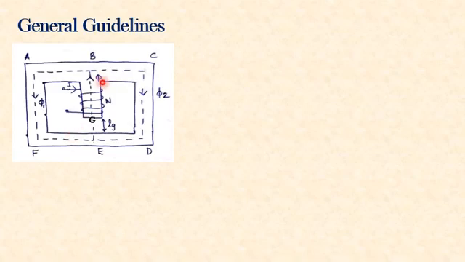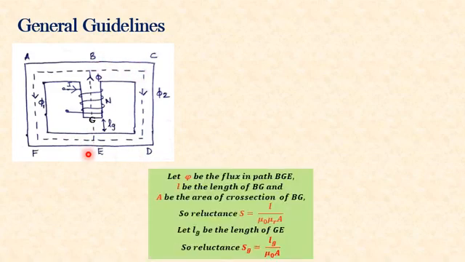So here also this is an example for a parallel magnetic circuit, and we can see that the flux path B, A, F, E is parallel to the path B, C, D, E. So let phi be the flux in path B, G, E, and L be the length of the path BG.